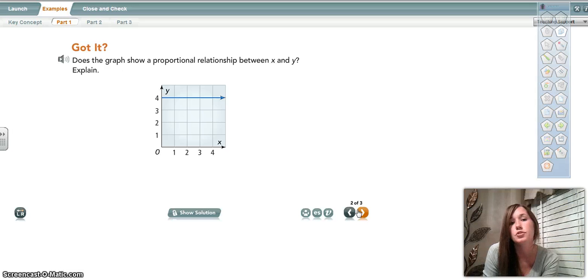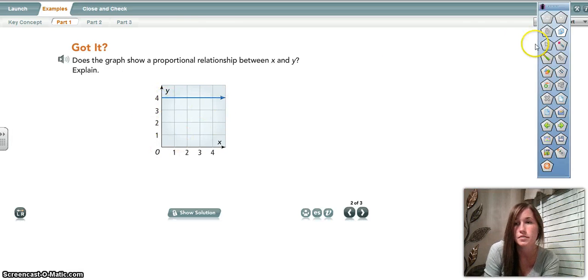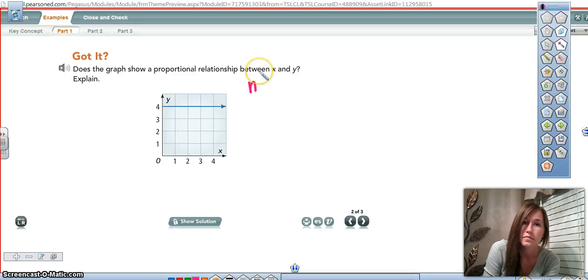Does this graph show a proportional relationship? This graph is a straight line, but it does not pass through the origin. So we would say no, and it does ask us to explain.